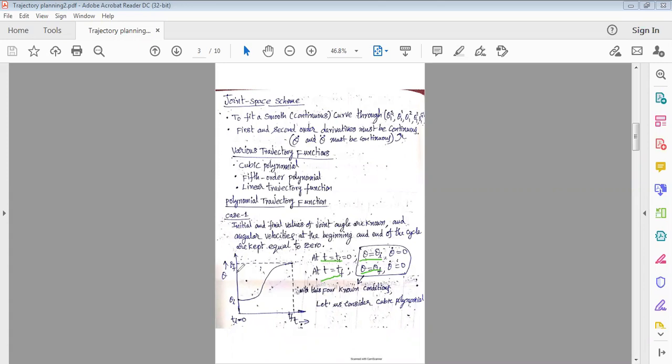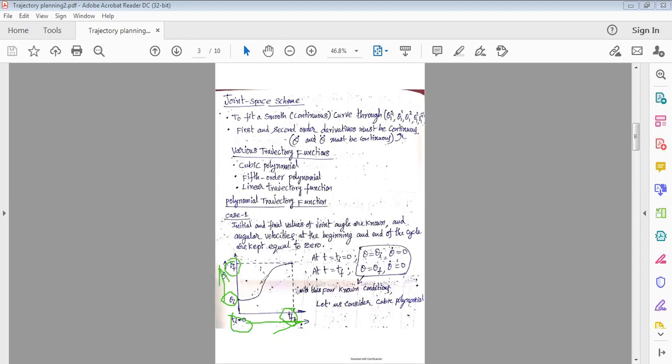Let us see this pictorially. Take time on the x-axis and angular displacement theta on the y-axis. At time ti equal to 0, angular displacement theta I has some value on the y-axis, and at time t equal to tf, it reaches theta f.